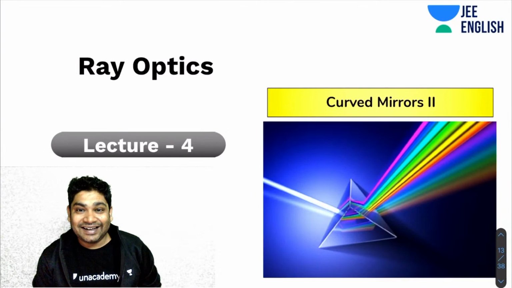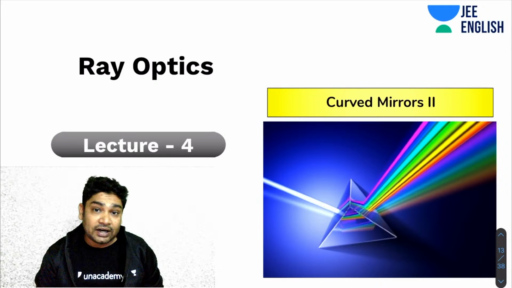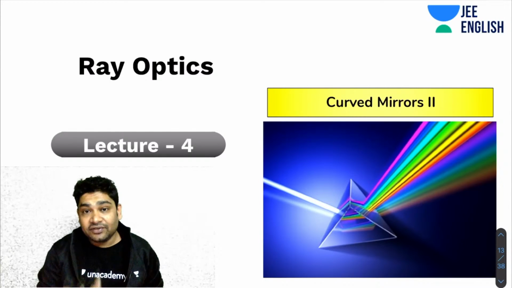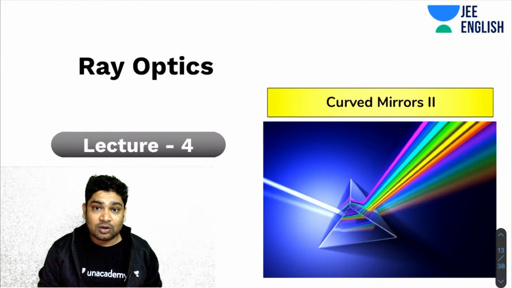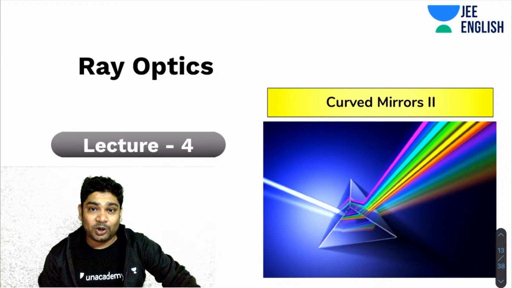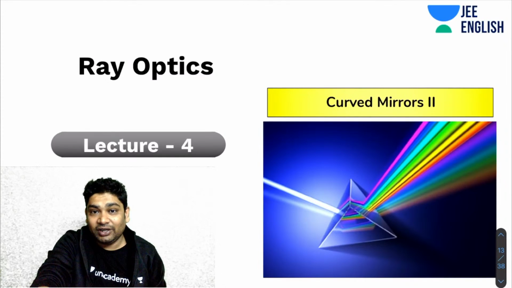All right, with that, let's get started with today's discussion. As I said, this is lecture number 4, and today we'll continue our discussion on curved mirrors. Last time we started our discussion where we defined what kind of mirrors are called curved mirrors. We also talked about there are two kinds of mirrors: concave mirror and convex mirror.